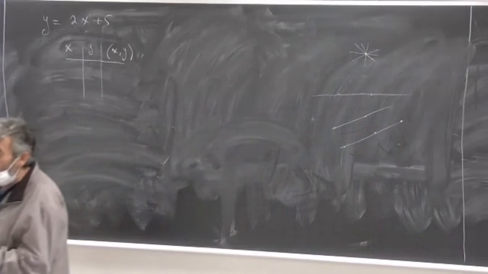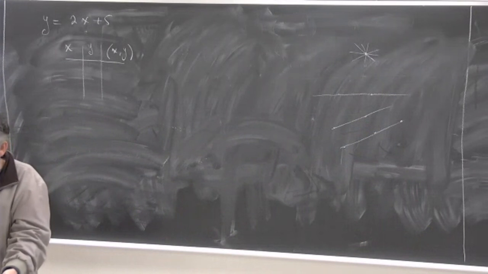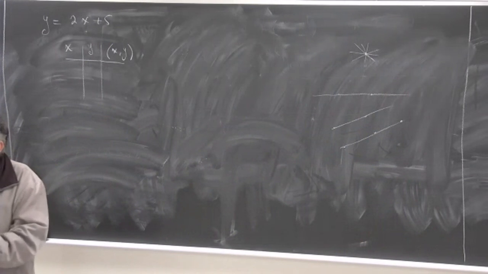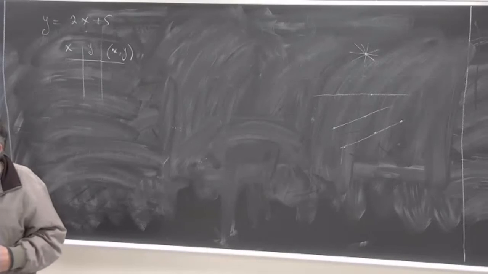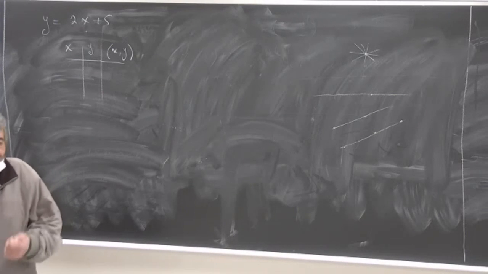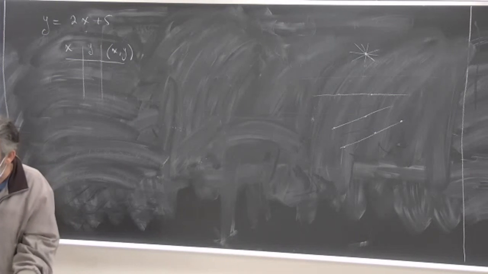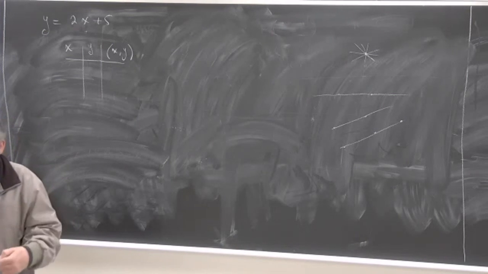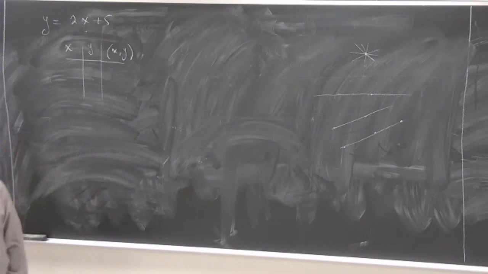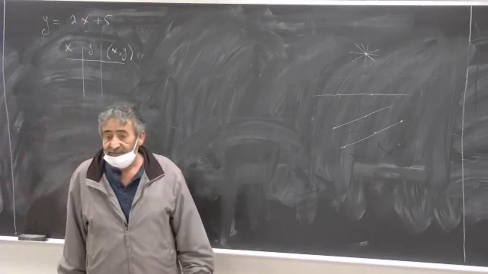If you have an x value, then you can figure out what y value goes along with that x value, because every x value has a unique y value. I can determine the y value by simply substituting the x value in there. Yes? So where do I get the x value?